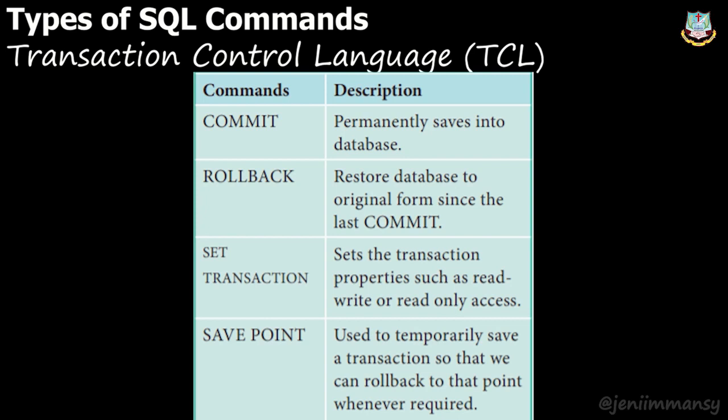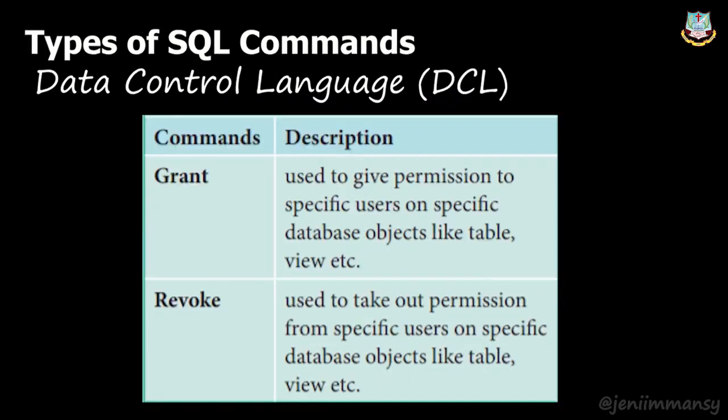Okay, and the next one, today's last topic, is data control language. The last type of SQL command here is DCL, data control language. In this we have two commands: grant and revoke.